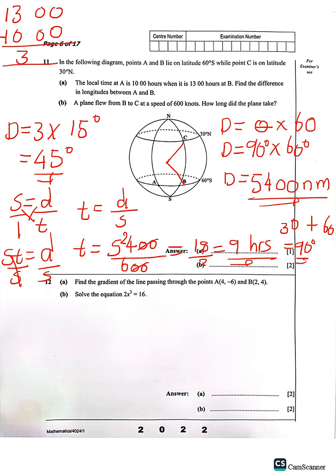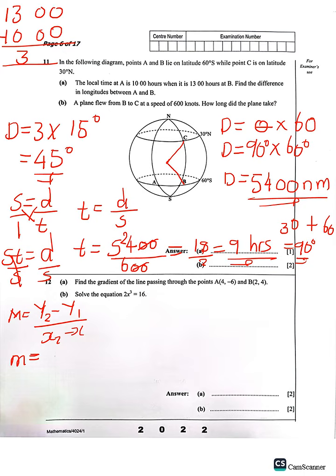We move on now to question 12. A, find the gradient of the line passing through the points A(4, -6) and B(2, 4). So we are trying to find the slope given 2 points. The formula is gradient equals change in y divided by change in x, or rise over run.